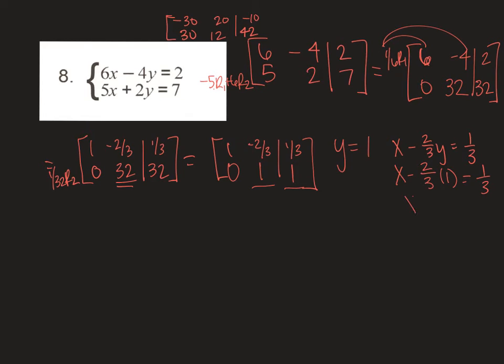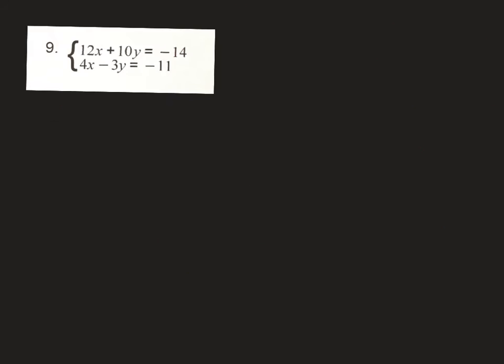So 2/3 times 1 is going to give me x minus 2/3 equals 1/3. I'm going to add my 2/3 to the other side. 1/3 plus 2/3 is 3/3, which is just 1. And as always, we've got to write our final answer as either an ordered pair or an ordered triple. In this case, an ordered pair of 1, 1.